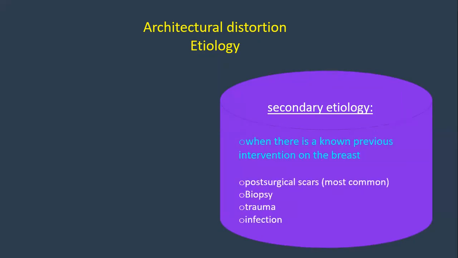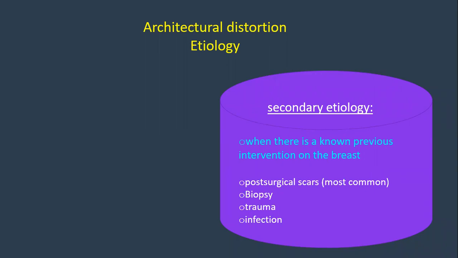This is when there is a known previous intervention on the breast. We call it a secondary cause. Post-surgical scar, which is the most common, or post-biopsy, post-trauma, post-infection. If the patient has a previous abscess healed by scar formation, all these we call secondary etiologies.